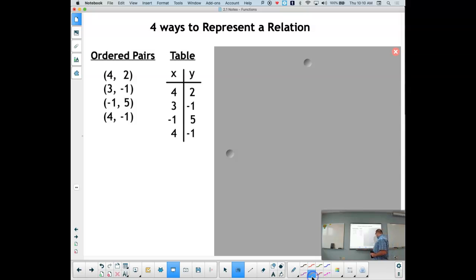So in this particular T chart, the point 4, 2 is represented by a 4 being in the X column and a 2 being in the Y column. Likewise, 3, -1 is right there. -1, 5 is right there. And 4, -1 is right there.